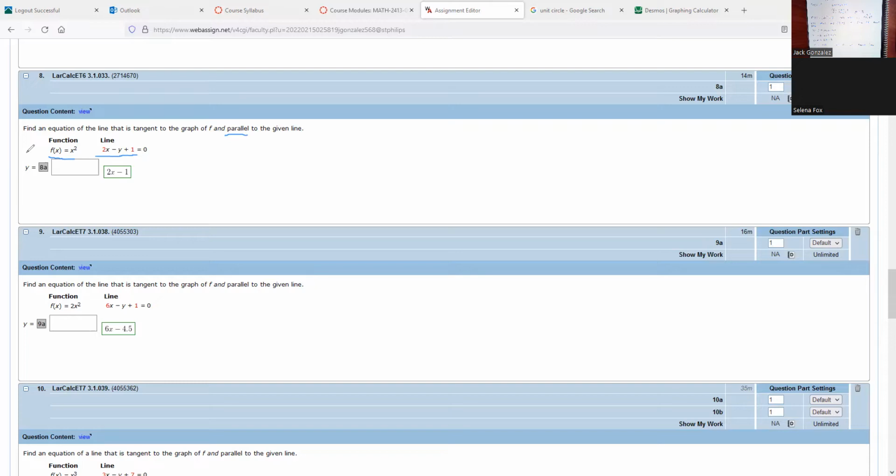Let's see. Now, let me double check my algebra here. We subtract 2x, subtract 1, they should both be negative. They gave us a minus divided by negative, so they should all be positive. Okay, this line is fine. f was that guy.